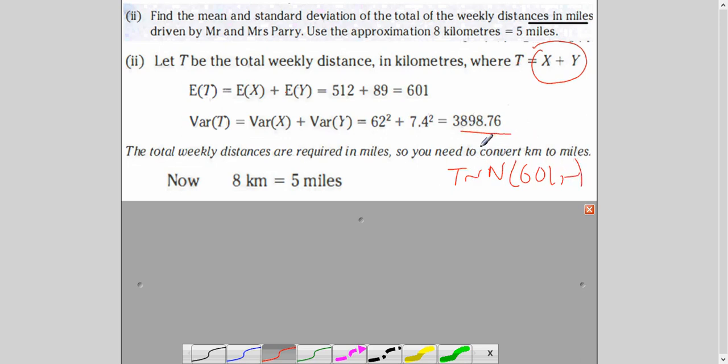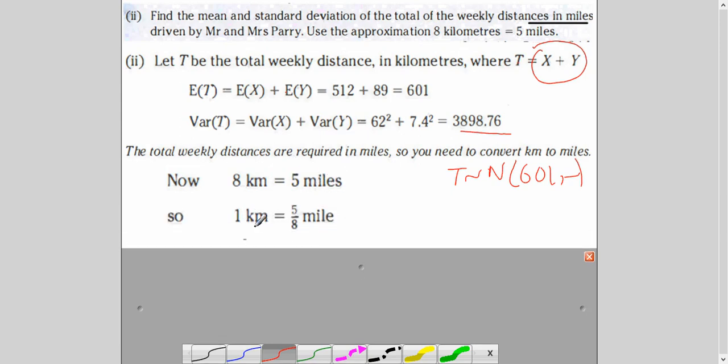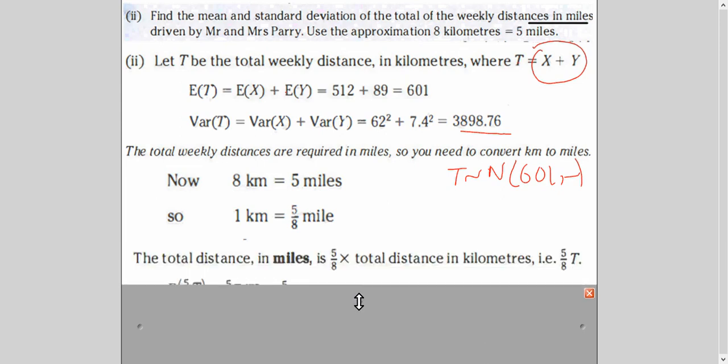Now you have to give everything in what? In miles, not in kilometers. Now the relation is given to you, 8 kilometers is 5 miles. It means 1 kilometer is equal to 5/8 of a mile. So this is forming a multiple case. So now the total distance in miles is 5/8 of the total distance in kilometers.